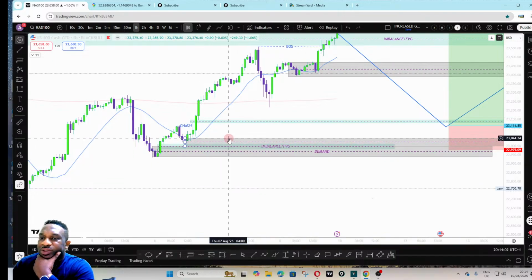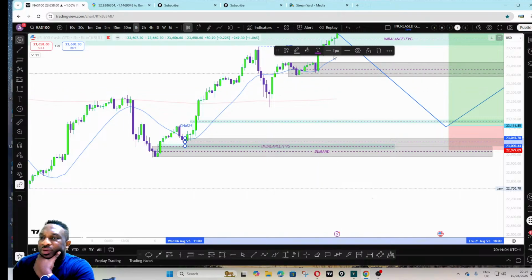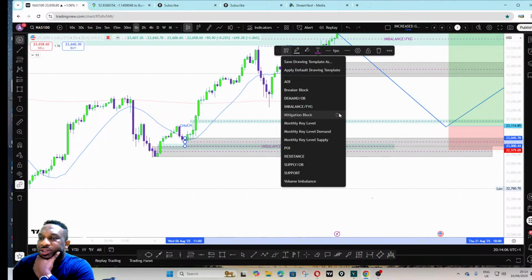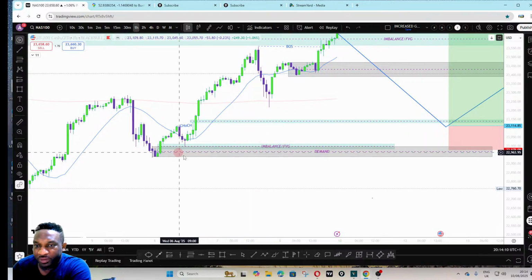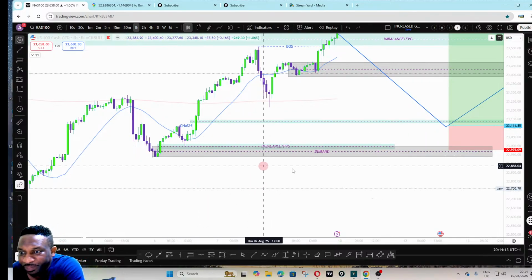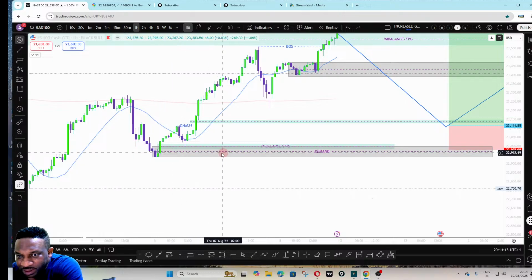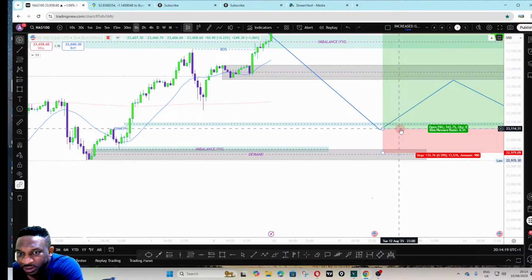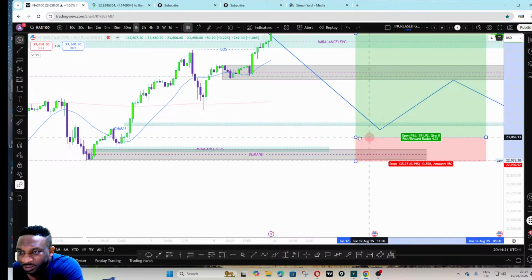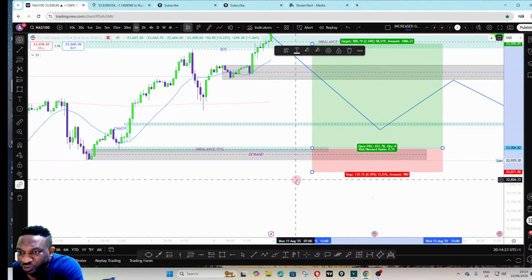We'll take this off just to make it a bit clearer, and leave it as this on a 1 hour time frame. So we have an imbalance demand zone here, and we could at least expect our entry to be somewhere here.